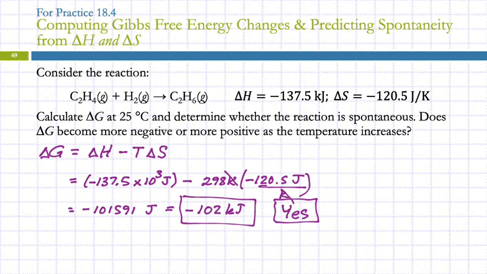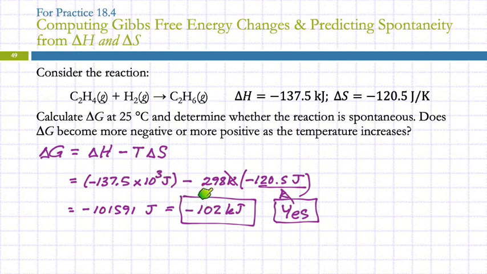What happens to delta G? I don't know. I don't think my G is doing very well today. What happens to this delta G as T gets larger?